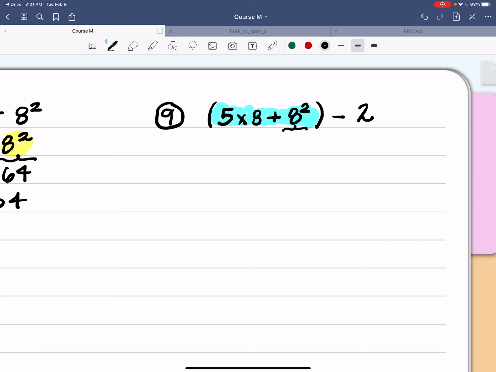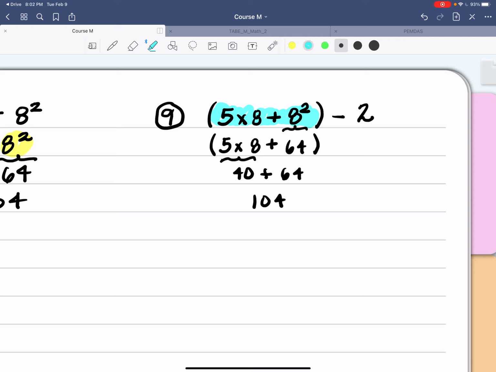So we have 8 times 8, that's 64. 5 times 8 plus 64. I still have parentheses, guys, so I still have to keep working. Multiply before you add, so there's 40 plus 64, and that comes down to be 104.